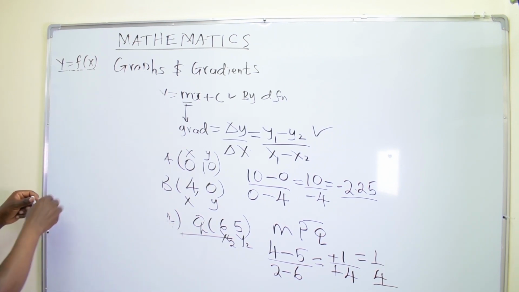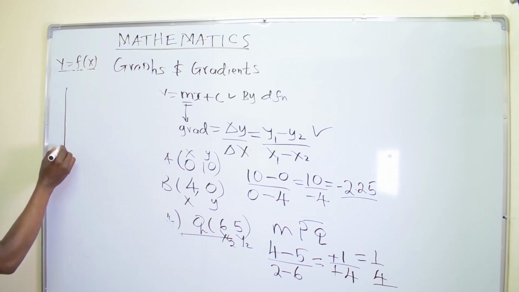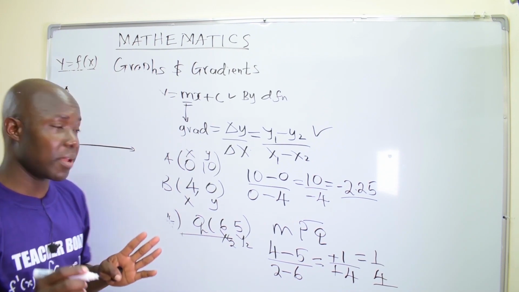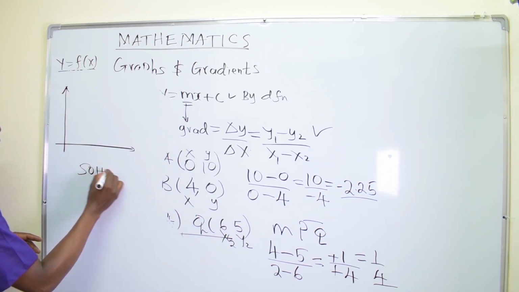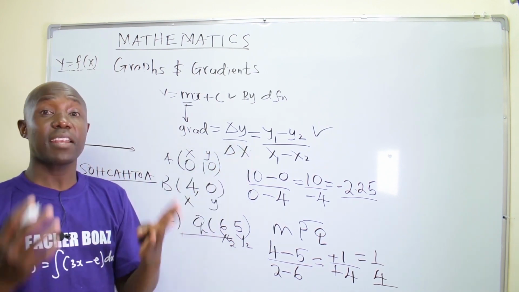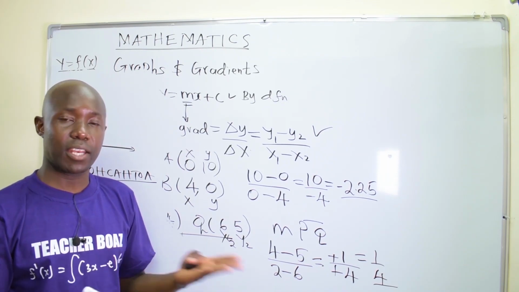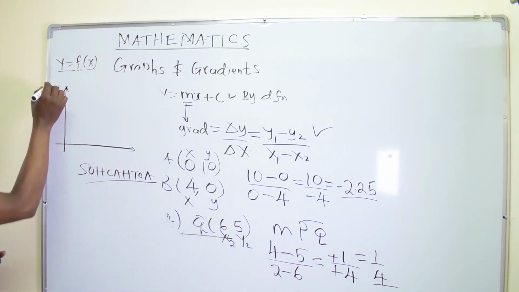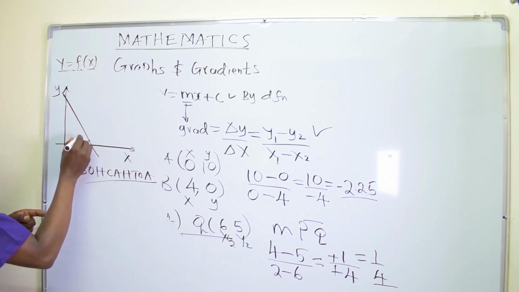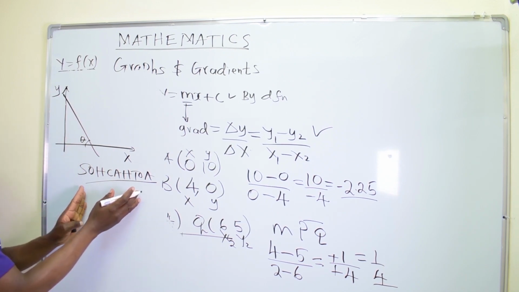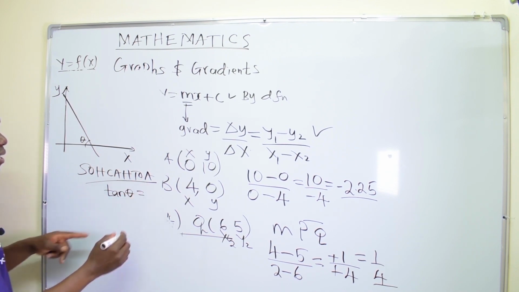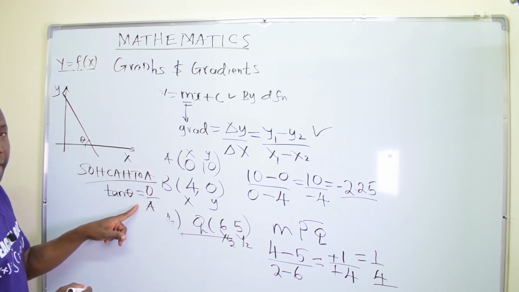Now, I also want to explain some other concepts. If you had this particular line, remember what you were taught in trigonometry: SOHCAHTOA. I want to connect it to what we do in gradients and see how the angle in a line is related to the gradient of the given line. Now, if here is y and here is x, and you have a line of that nature, and the angle here is theta, following the trigonometric ratios, we always know that tan of an angle theta is equal to opposite over adjacent.